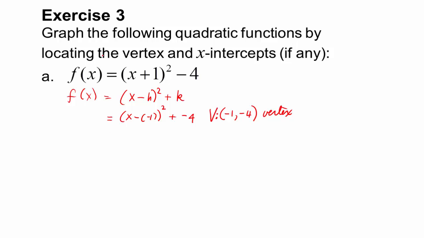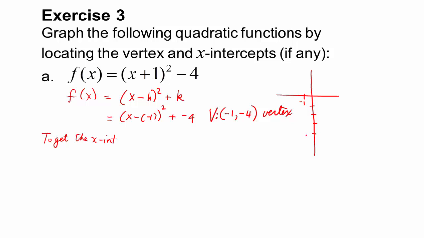Now it says here also locating the x-intercepts. So how do you find the x-intercepts? In other words, the question is, if this is the vertex, think about it. You've got a vertex occurring at negative 1 and negative 4.